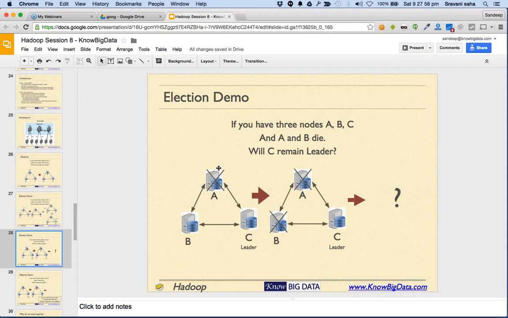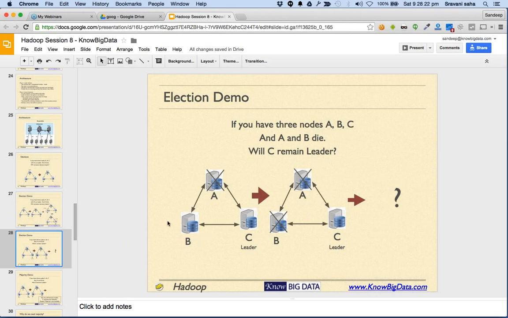Let's say A was dead and C was elected as the leader. Now there are 2 nodes, B and C, and C is the leader.